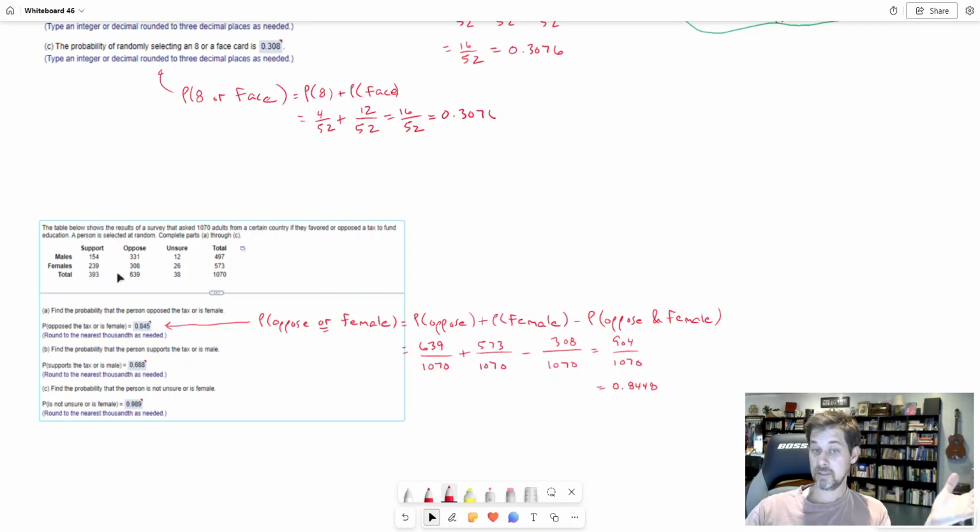You can pick somebody out of this group at random that is not unsure and is female at the same time. So for all 3 parts of this, we would use this formula right here, because every single pair of events given in each of these could both happen. That's how we make our decision and our calculation on OR probabilities.